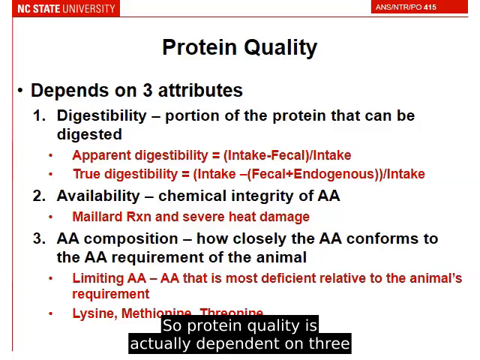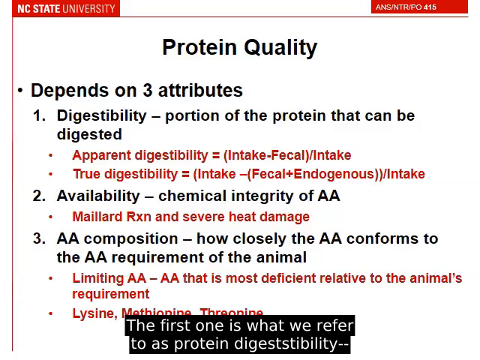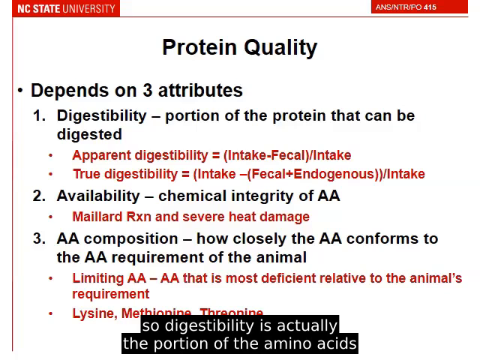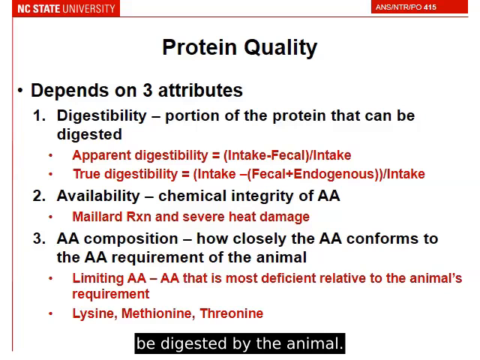So protein quality is actually dependent on three different attributes. The first one is what we refer to as protein digestibility. So digestibility is actually the portion of the amino acids or the portion of the protein that can actually be digested by the animal. And this can be split.